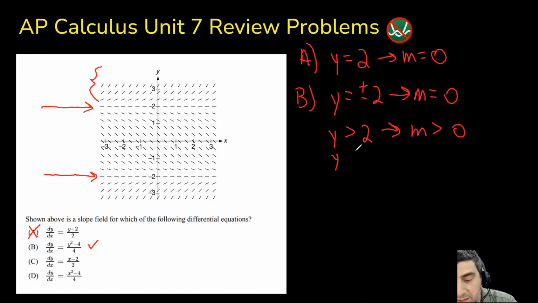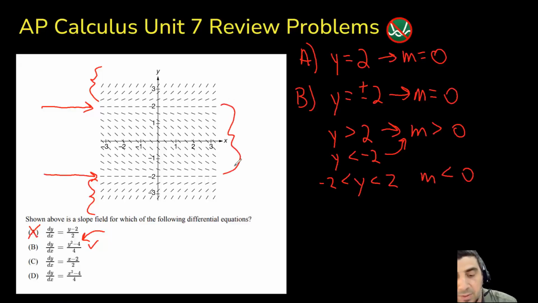Also, if y is less than -2, the slopes are going to be positive. So down here, the slopes are positive. And if y is between 2 and -2, that's going to make the numerator up here less than 0, which makes the slopes negative. And if you look between the y values 2 and -2, all the slopes are negative. So the choice is B.